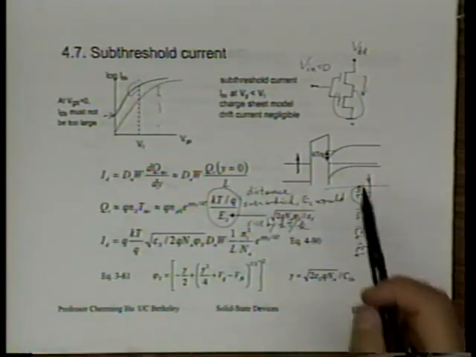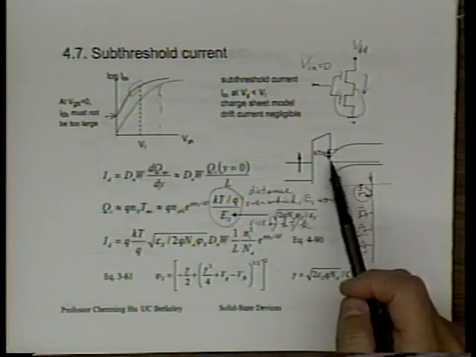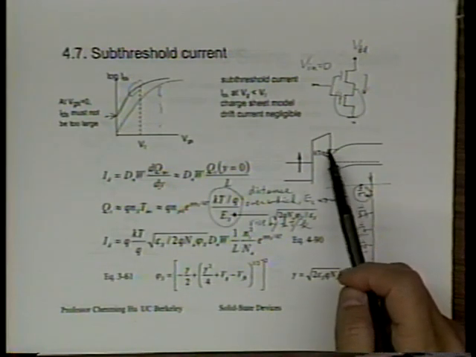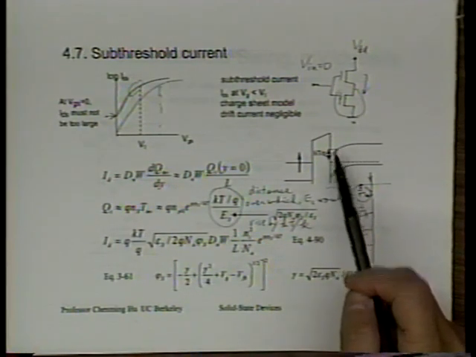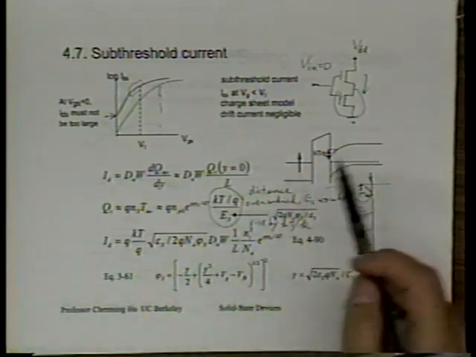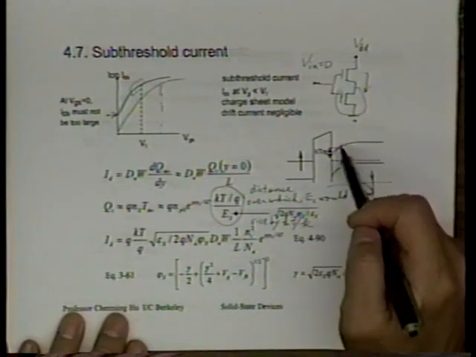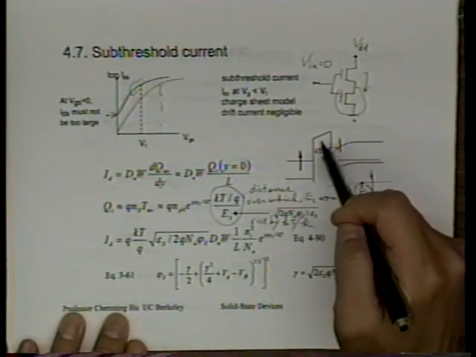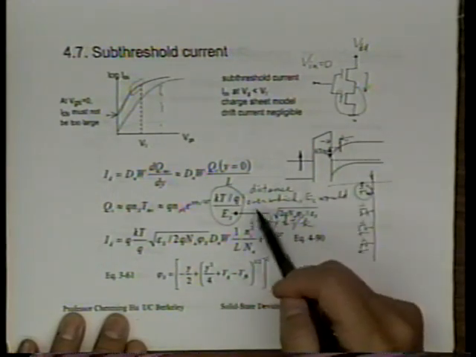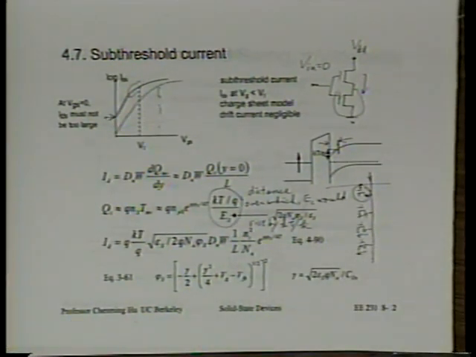Yeah? In other words, if you look at this energy band diagram, if you take KT over Q and draw a horizontal line, what you get here is the distance we just talked about. That's the distance we just got by that ratio. Does that make sense? You take the voltage drop divided by the field, you get the distance over which you get this voltage drop, right? Now do you see why we call this the thickness of the inversion layer?